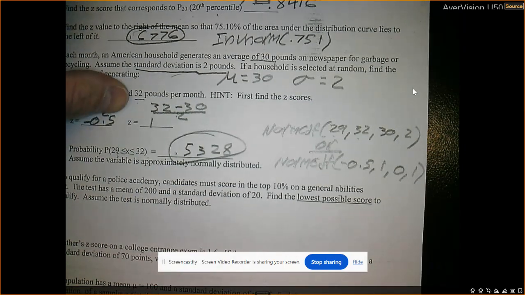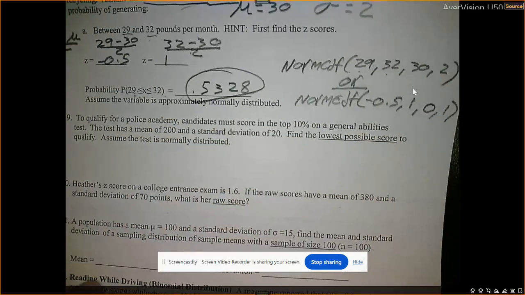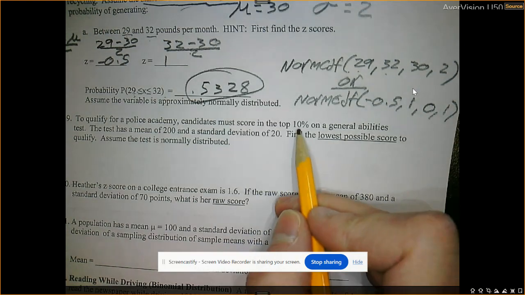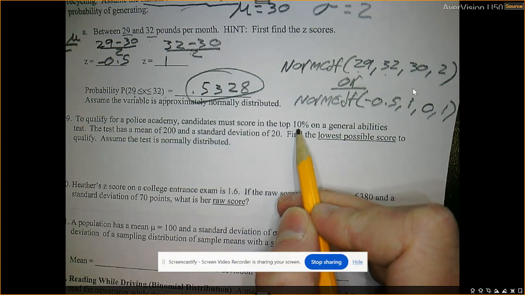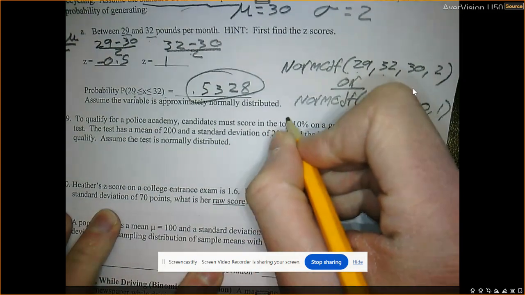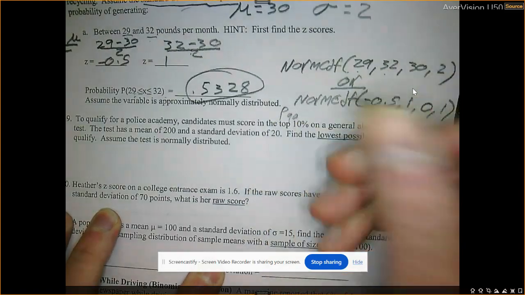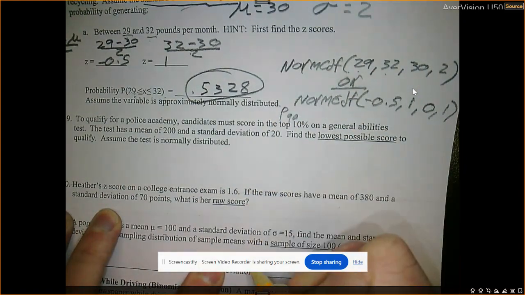Okay, on to 19. In number 19, we are qualifying for a police academy. In order to qualify for a police academy, candidates must score in the top 10%. Okay, the top 10%, well, that's really like saying the 90th percentile, which means 90% is to the left of it.